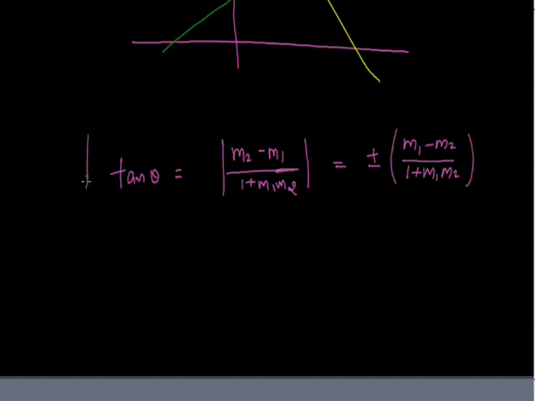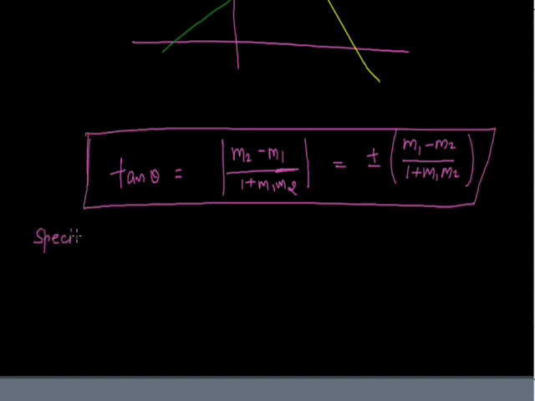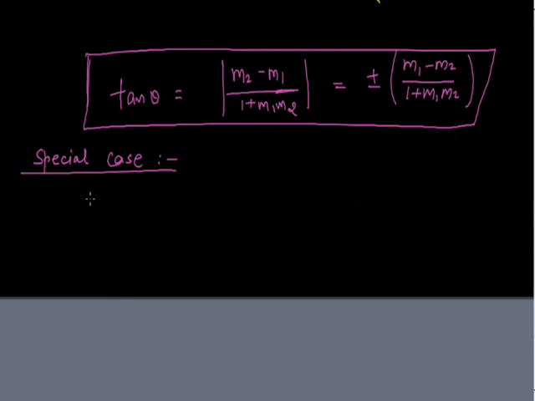There are special cases for these parameters. Here we can see one or two special cases. When two lines are parallel to each other, the angle between them will be 0 and tangent of theta will be 0.